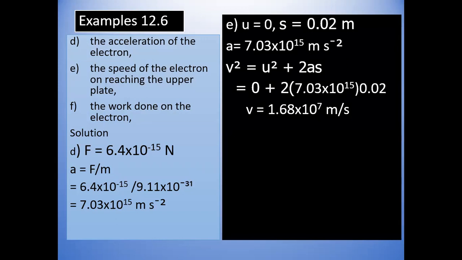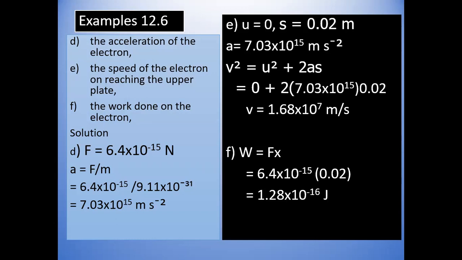Either formula can be used: force times distance, or V times Q. Not the one with half kx squared, that's a different one. F times x or VQ, potential times charge. We know the force and the distance, so we can just multiply.